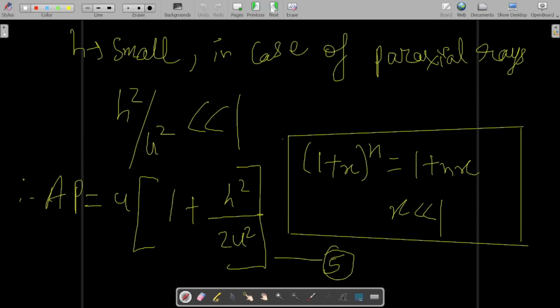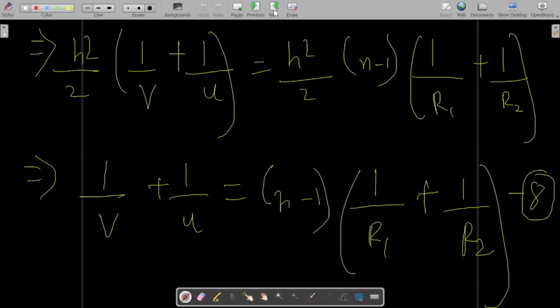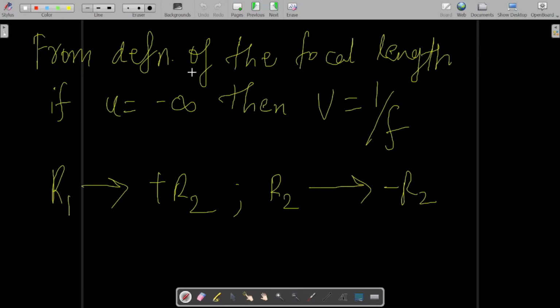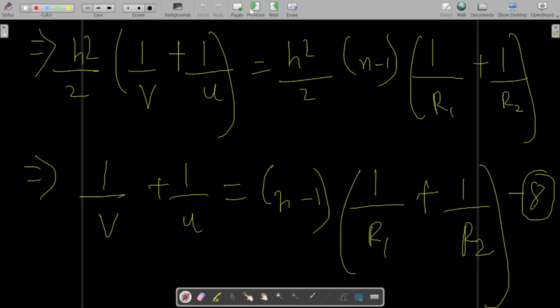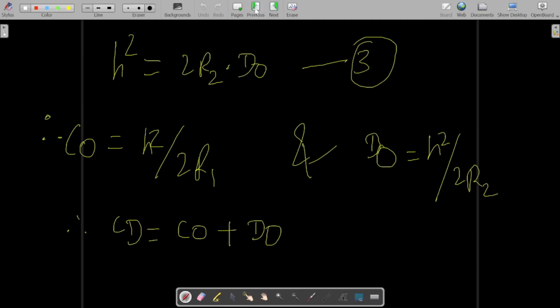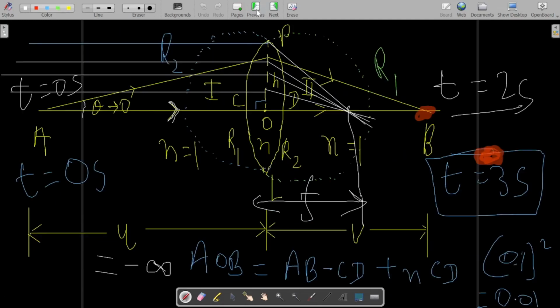So from the definition of your focal length, when u equal to minus infinity, and you know this very well, why minus infinity? Because this is your origin, and the directions on the left side of this will be taken as negative, and the directions on the right side of this will be taken as positive.